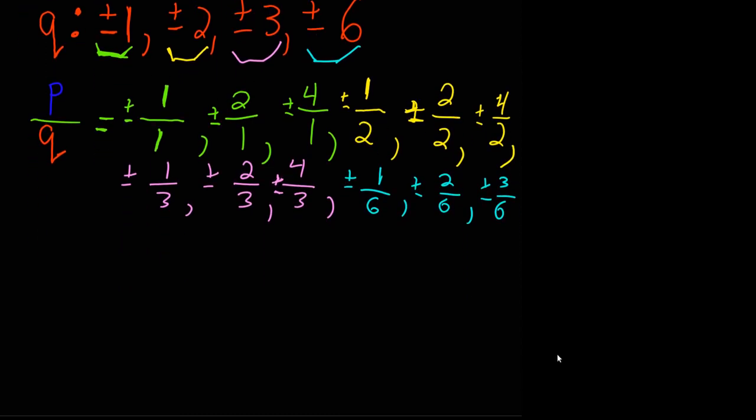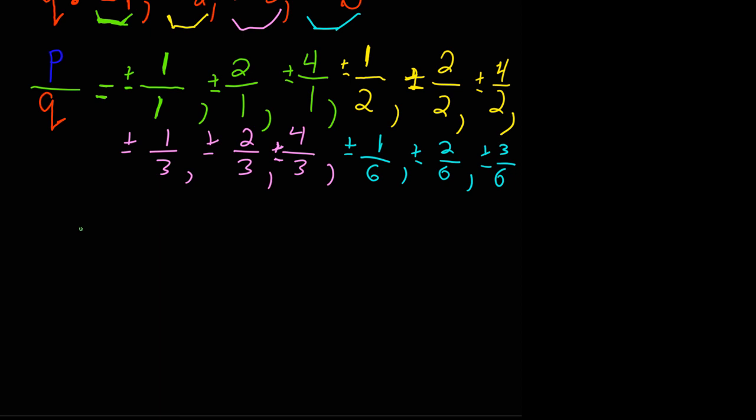Well, we can simplify these. So let's start simplifying these. So I'm going to come down. That's plus or minus 1. This is plus or minus 2. This is plus or minus 4. This one is plus or minus 1/2. This one is plus or minus 1, but we already have that. This one is plus or minus 2, which we already have.